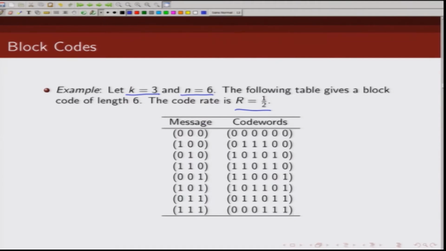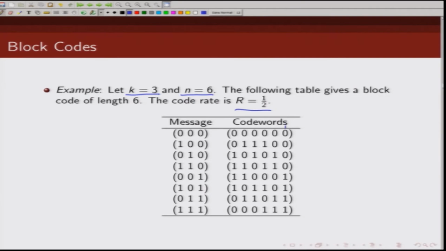Now 000 is mapped to the all zero sequence, 100 is mapped to 011100, and likewise other sequences have been mapped. Let us look at how we found the parity bits for these code words. Let us look at each of the columns of these code words.